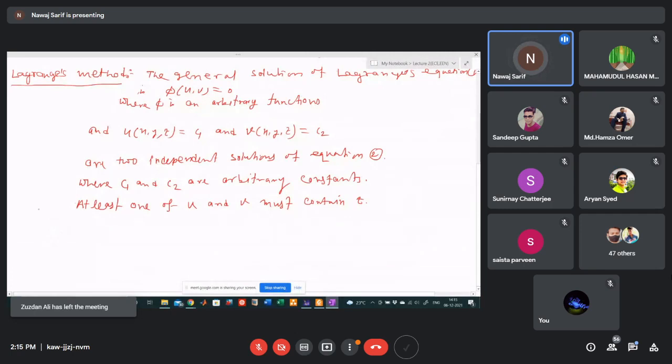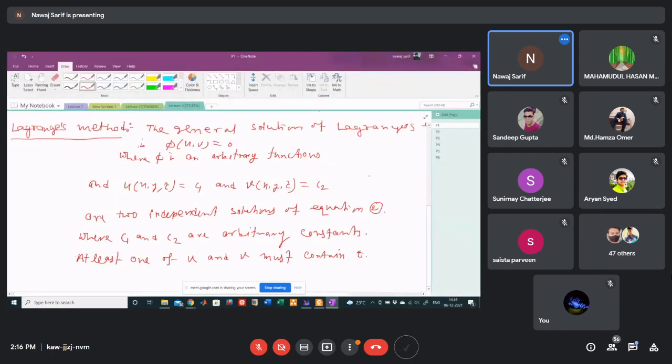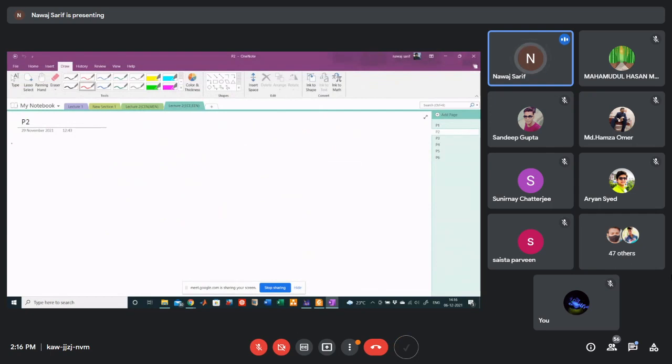Now I'll discuss how to find a solution and write the working rule for solving equation 1 by Lagrange's method.